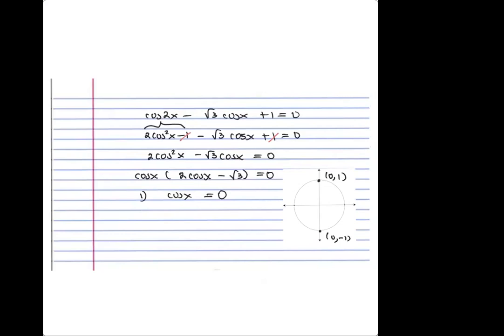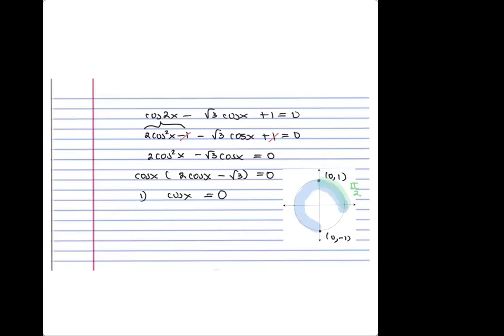I'll do the first one in green. So that's going to give me the angle in green. And that's going to be represented by pi over 2. Then I'll do the next one in blue. And that's going to be the angle 270 degrees or 3 pi over 2.